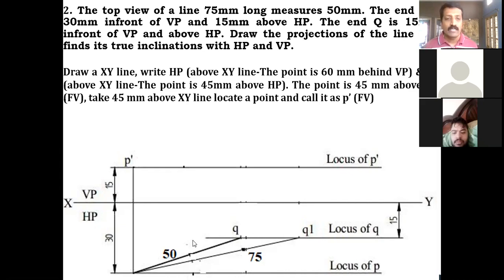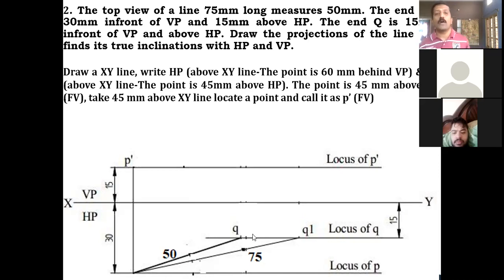Join this P and Q1. So this is your true length diagram in the top view. Similarly, the locus of Q you know in the top view. The top view length is also given: 50 millimeter. You take 50 millimeter as the radius and P as the center, and cut the same locus of Q here. After cutting this, you call that Q.